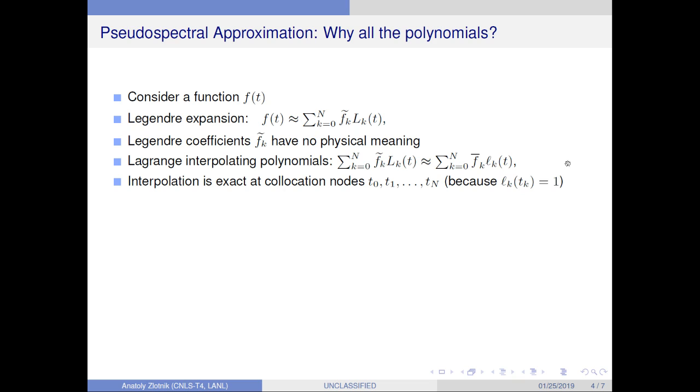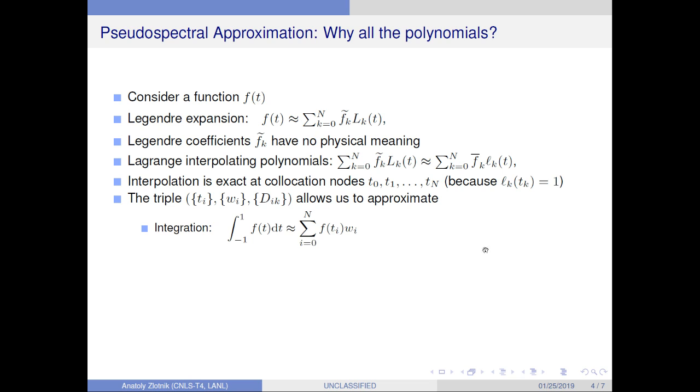So interpolation is exact at collocation nodes, and therefore the triple t_i, w_i, D_ik allows us to approximate fully any functions on the basis support, as well as integration and differentiation of any of those functions.